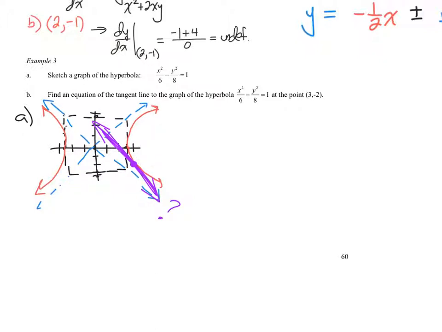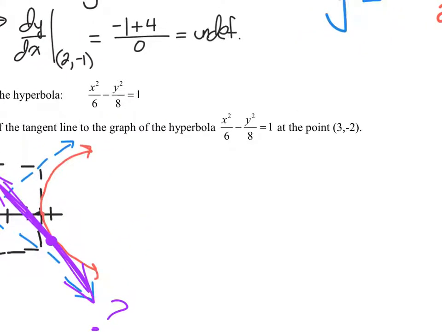I need my derivative. First, I'm going to rewrite it as 1/6 x squared minus 1/8 y squared equals 1, to make it a little nicer to work with, more power rule-y.